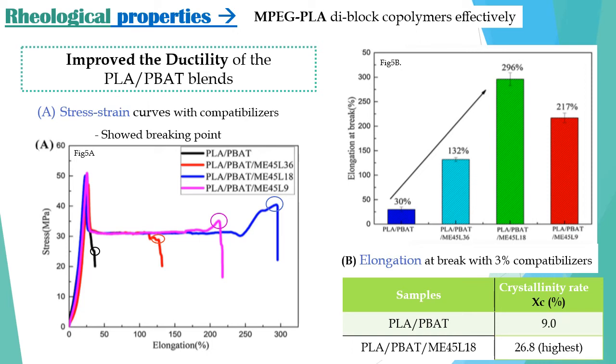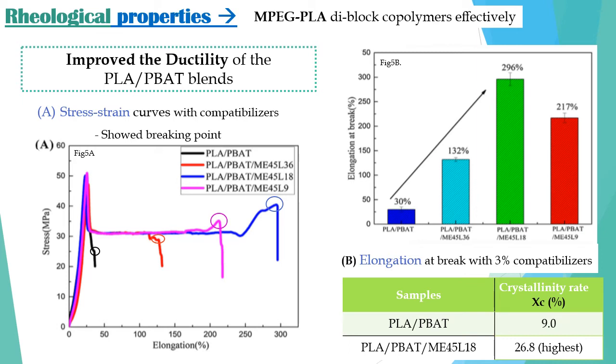Rheological properties of MPEG-PLA block copolymers in polymer blends. From the line graph, as you can see, the highest breaking point is the blue line, by increasing PLA stress and elongation also.